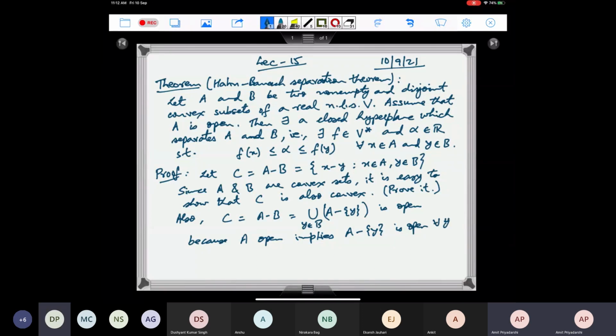So that is union or intersection? Union.